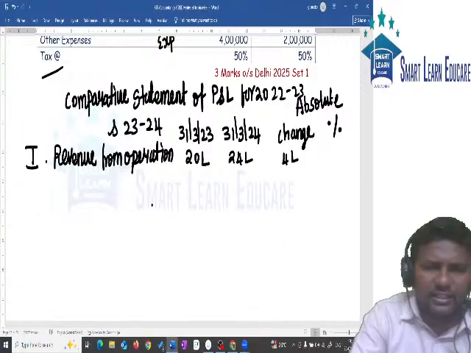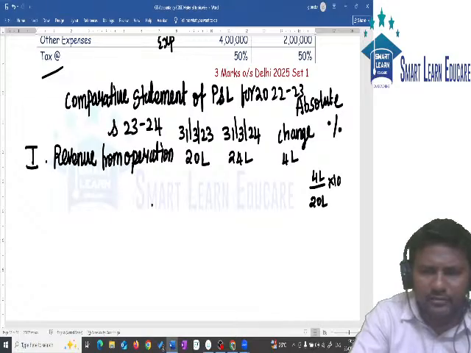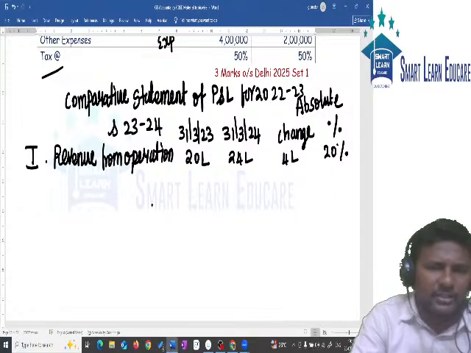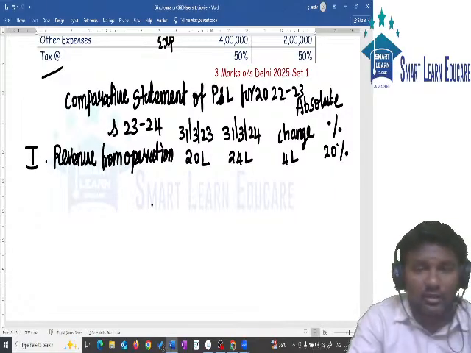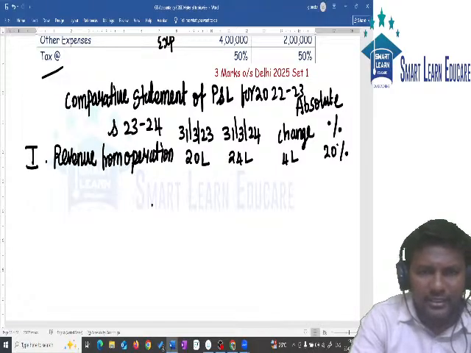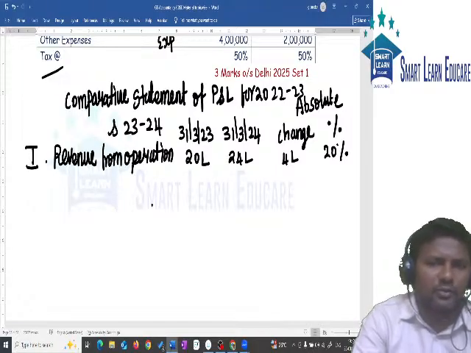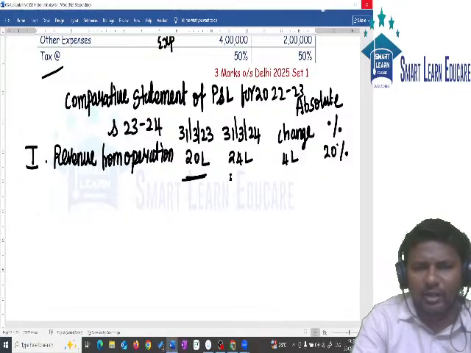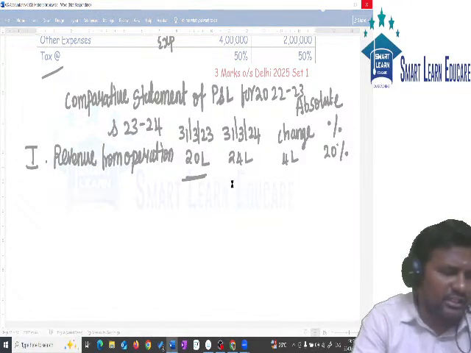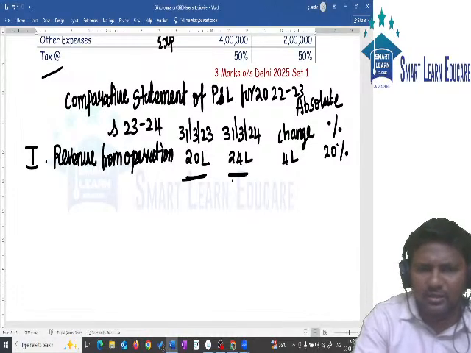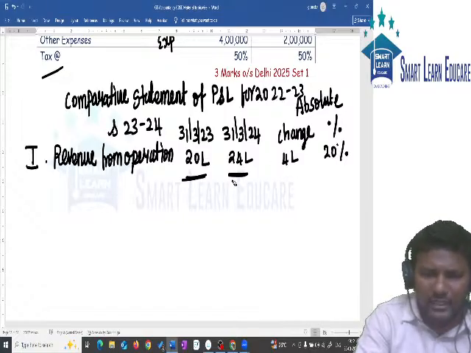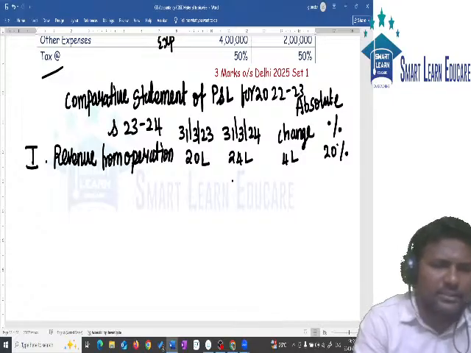So what is the percentage change? 4 lakh divided by 20 lakh into 100 will give you 20 percentage. Last year it is 20, now it is 24, so a 4 lakh increase took place. This 4 lakh I express in terms of percentage: 4 lakh out of 20, into 100, gives 20 percentage.